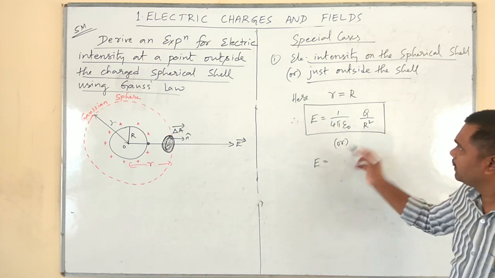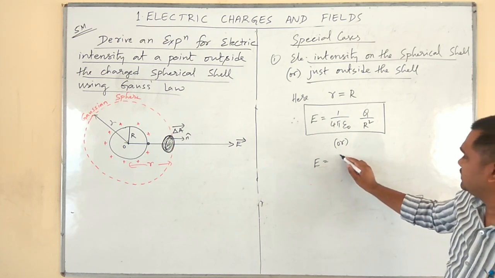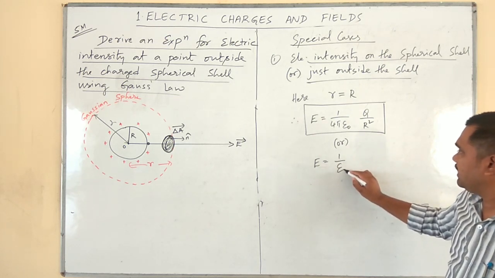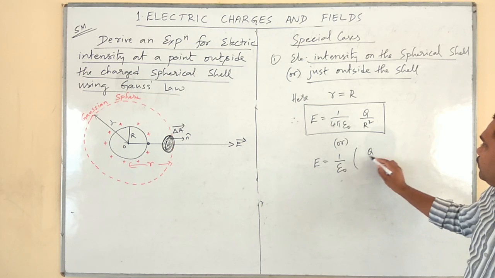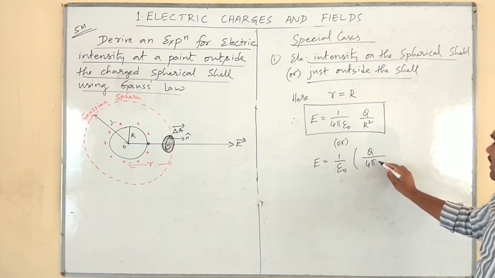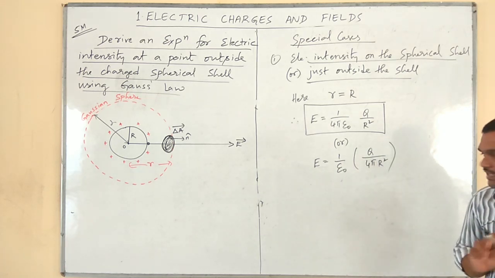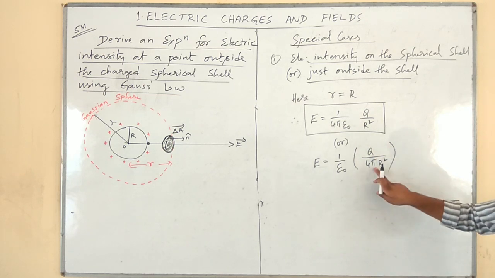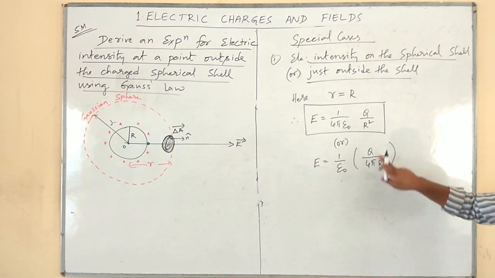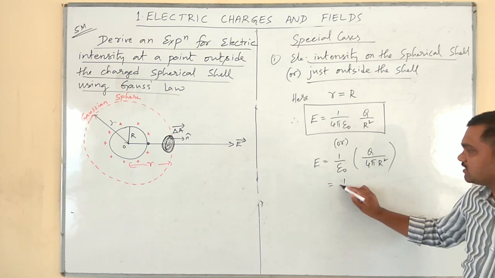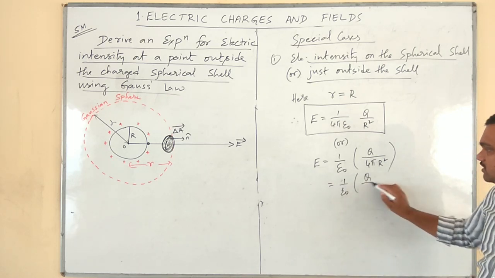Otherwise, it can also be written like this: E is equal to 1 divided by epsilon naught times Q divided by 4 pi R square. This is charge. This 4 pi R square is area. Charge divided by area is what?